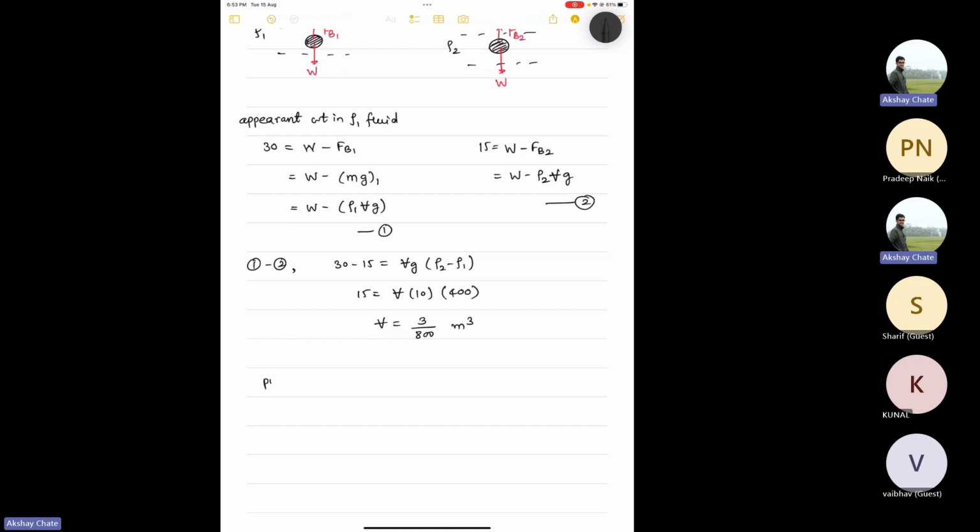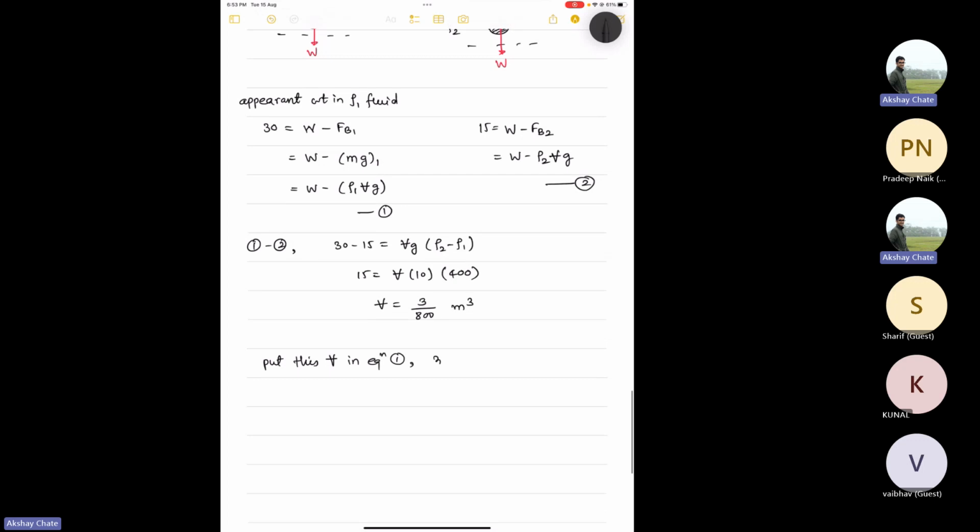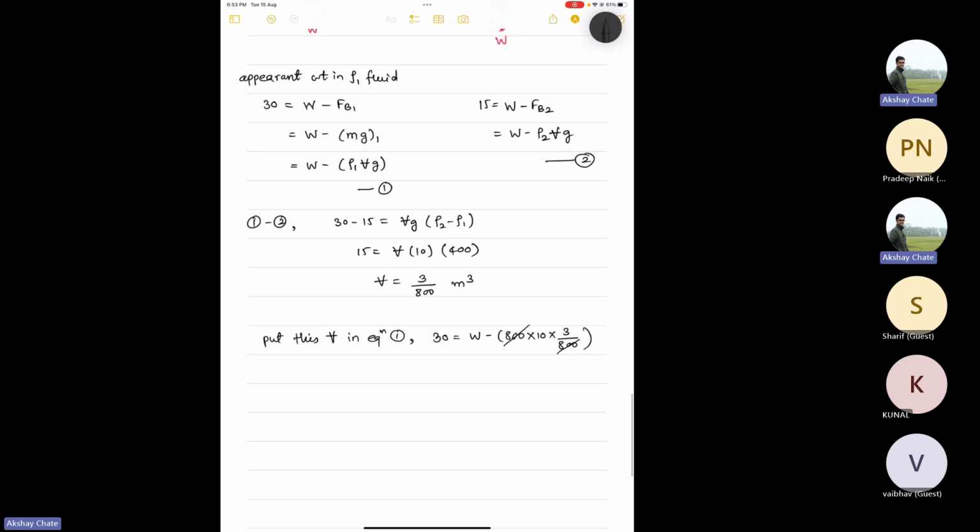So put this volume in, let's say, equation 1. Then what do you get? 30 is equal to W minus rho 1, which is 800, into 10 g, into volume, which is 3 by 800, right? So this 800 goes. Okay, one second.